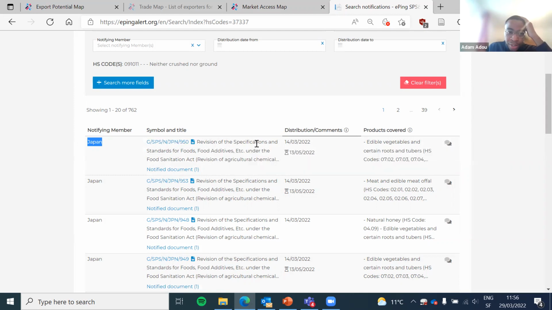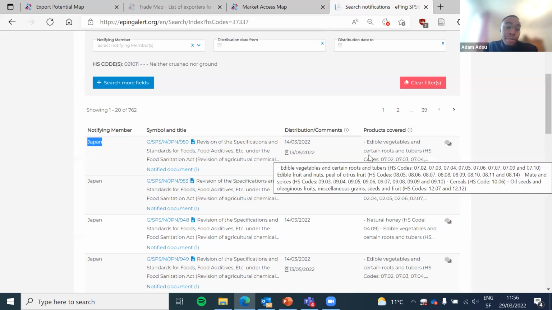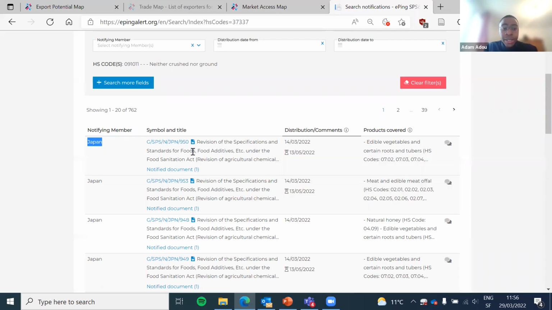And this is a revision of specifications and standards for foods. So apparently my product is concerned by this specific regulation. If I wanted to export to Japan and I had an account on ePing, I would have received a notification telling me that Japan issued a new regulation for my product.